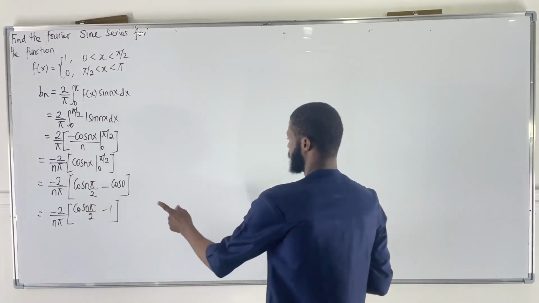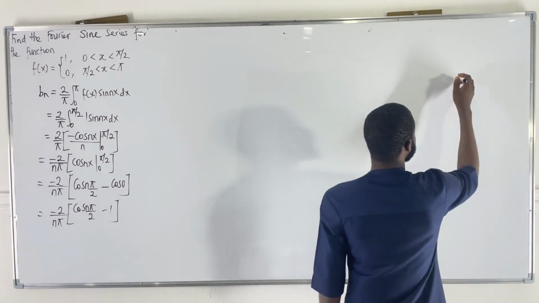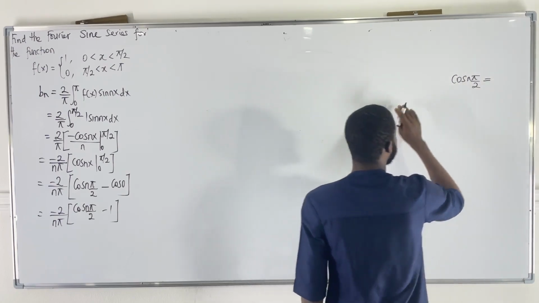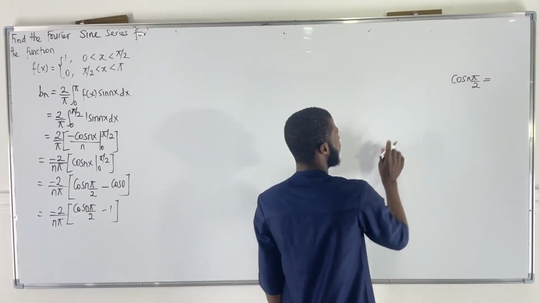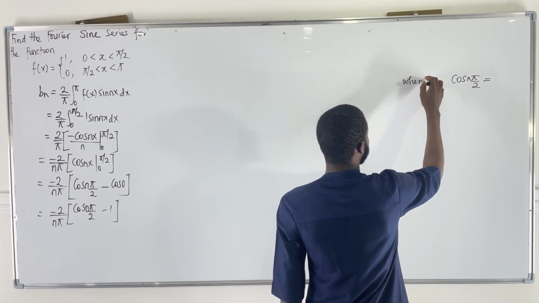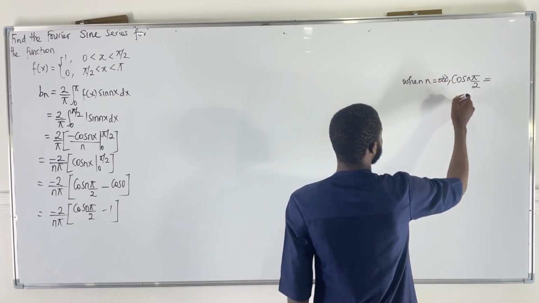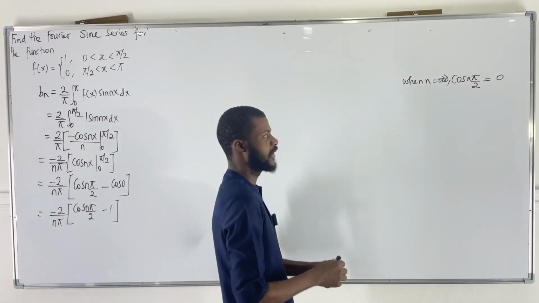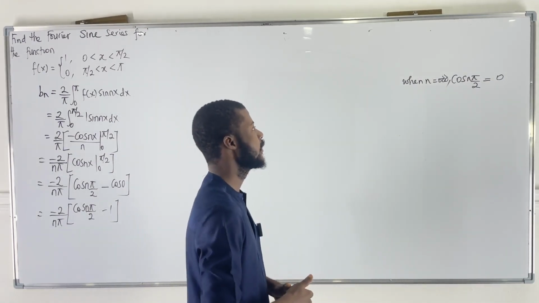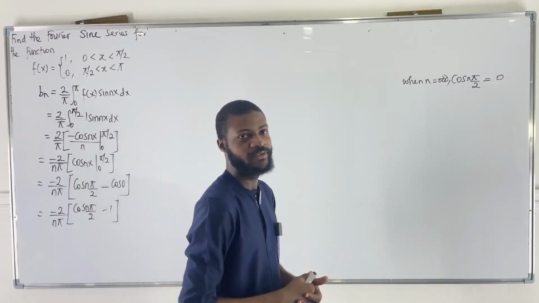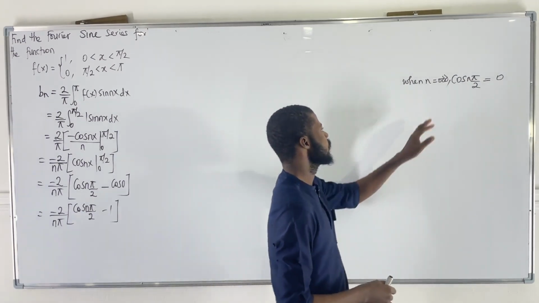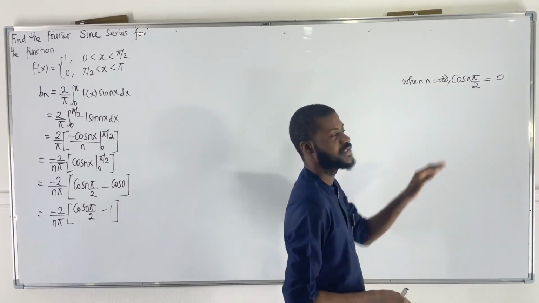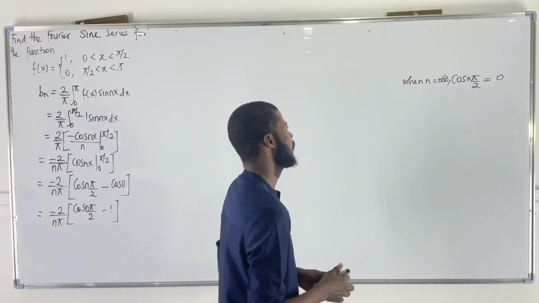So for a start, we have cos n pi over 2. When n is odd, it is equal to 0. So for all odd values, you'll be getting 0. I've dealt with this function before, so I understand how it's going to be. You could check out my old videos where I explained it. Whenever n is odd, this thing here will be giving you 0, very important.